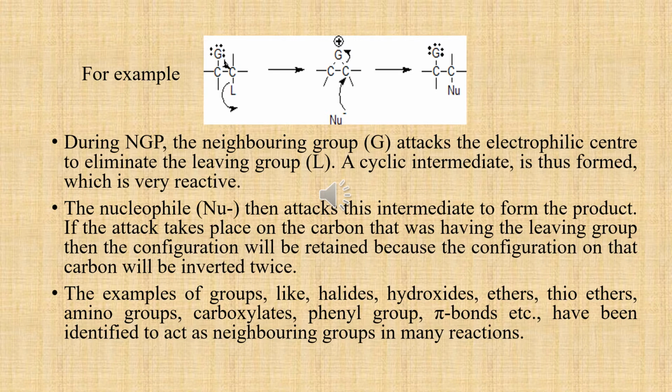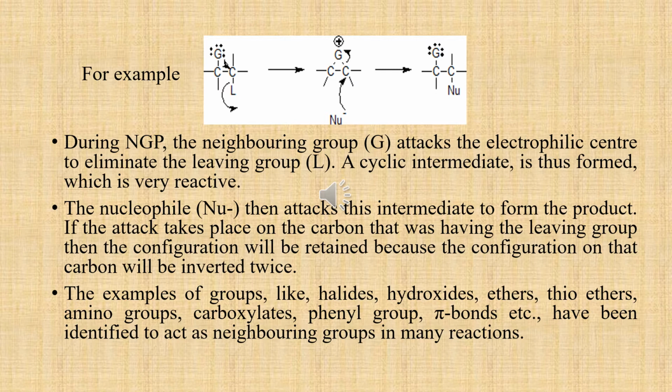For example, you can see the reaction during neighboring group participation. The neighboring group G attacks the electrophilic center to eliminate the leaving group L. So, a cyclic intermediate is formed which is very reactive.